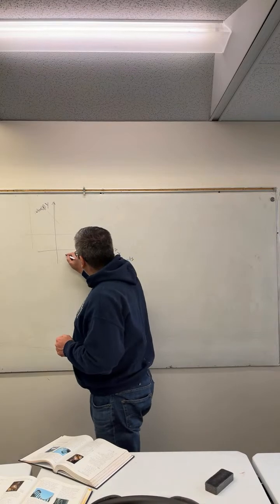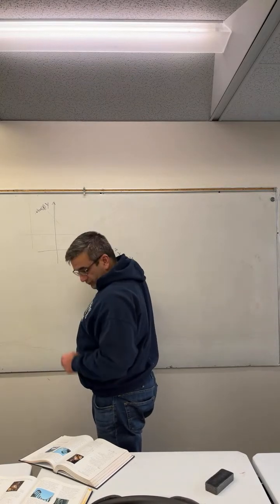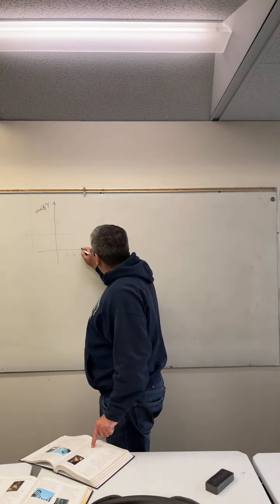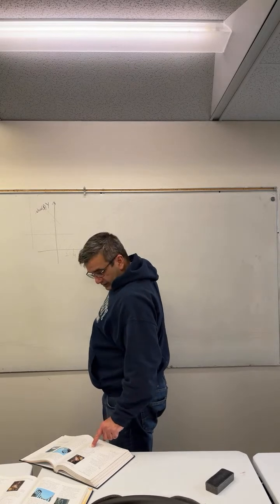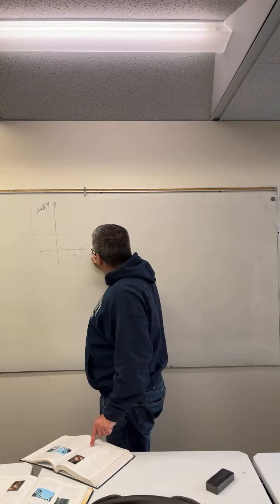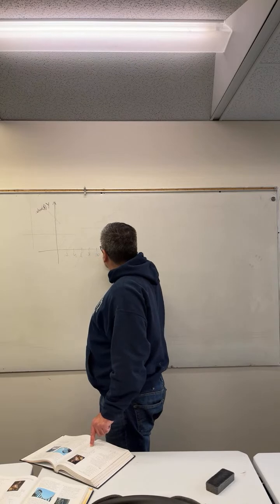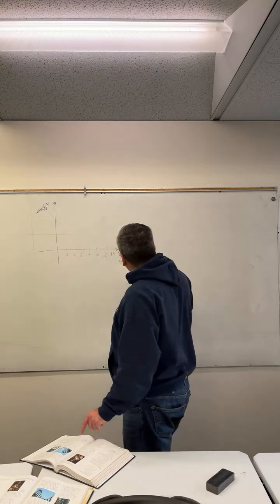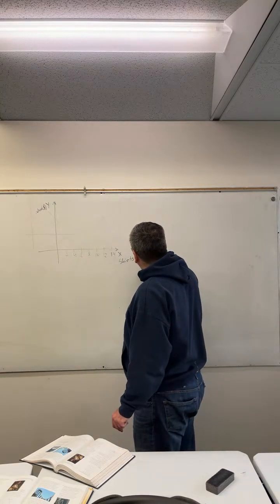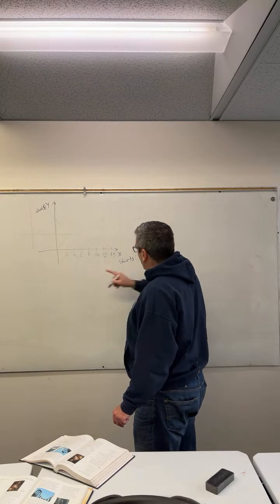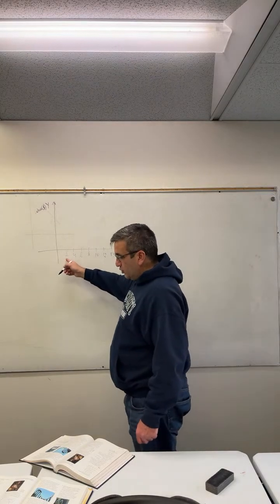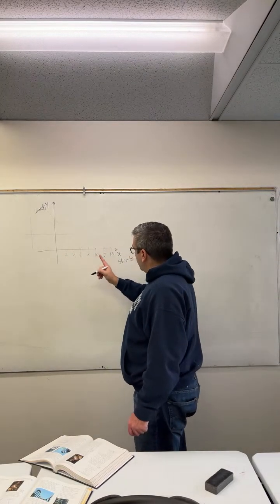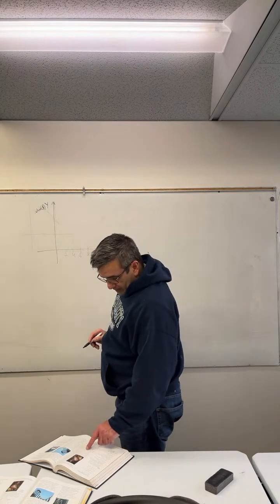So we have 2, 4, 6, 8, 10, 12, 14. The quantity is in hundreds, right? So it means that this is not 2, it's 200, 400, 600, 800, and so on.